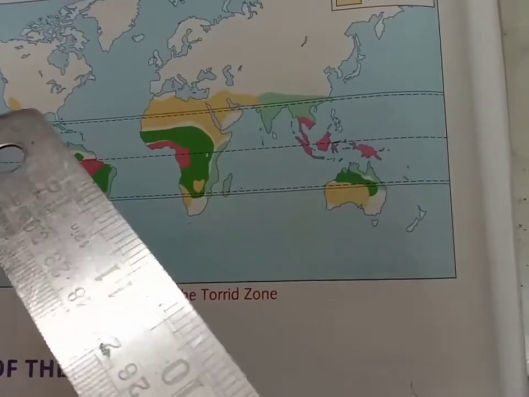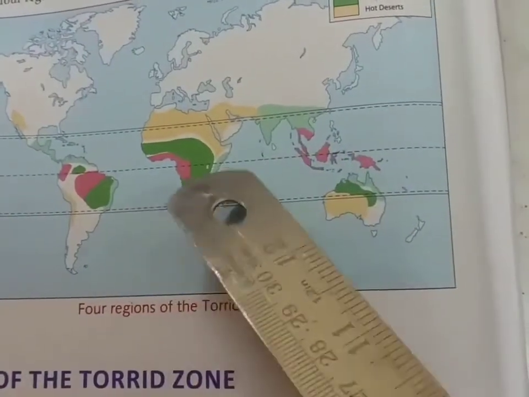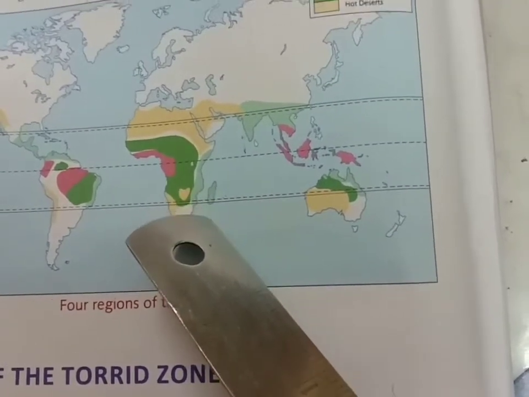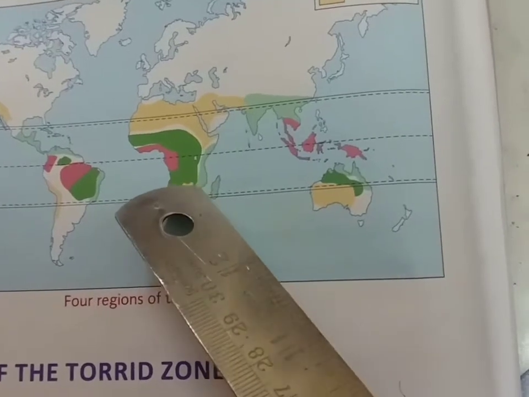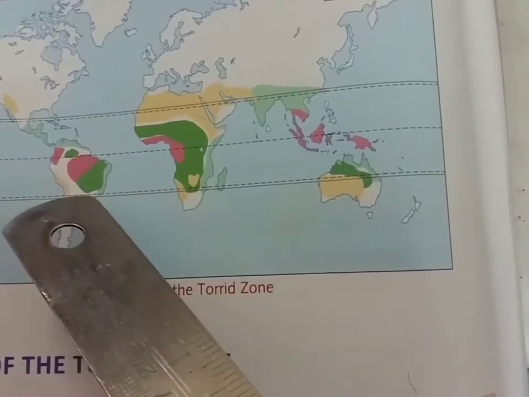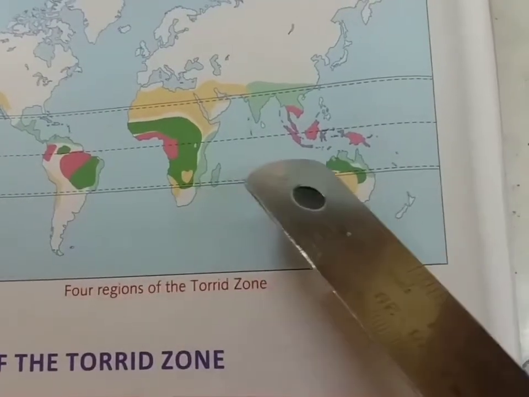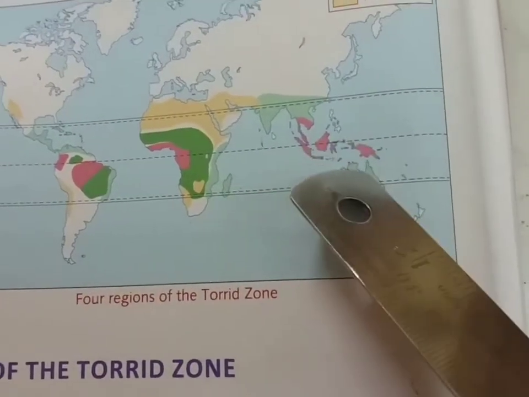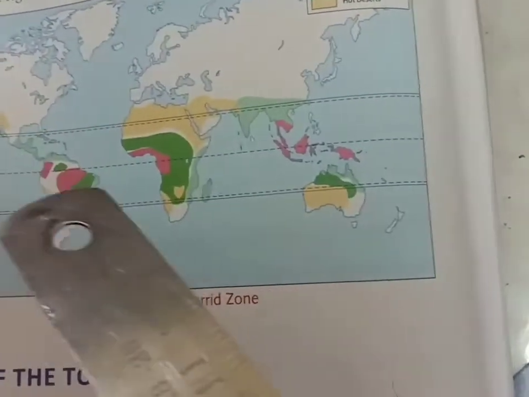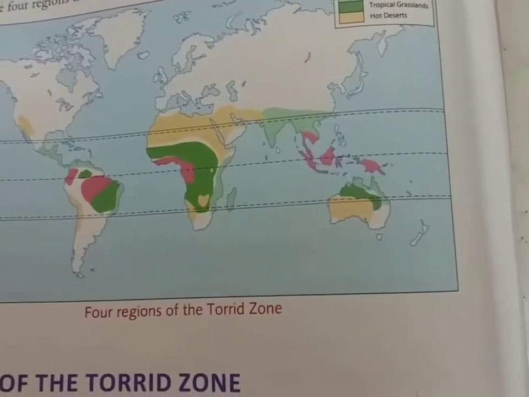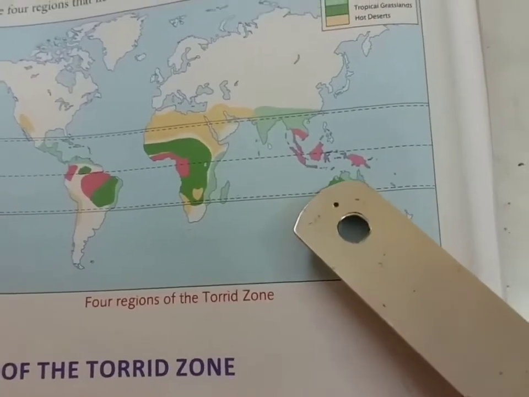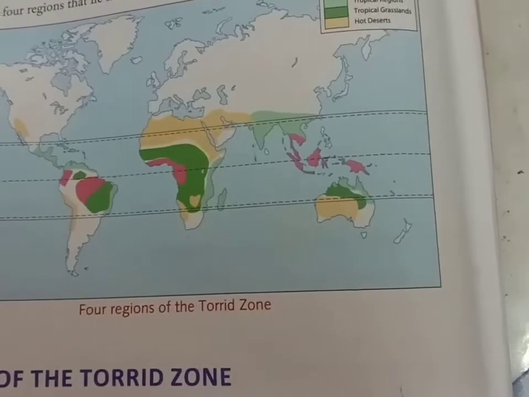In the southern hemisphere also, some parts of Africa, South America, Australia and Southeast Asia are in the torrid zone, and especially some places are in the tropical zone.